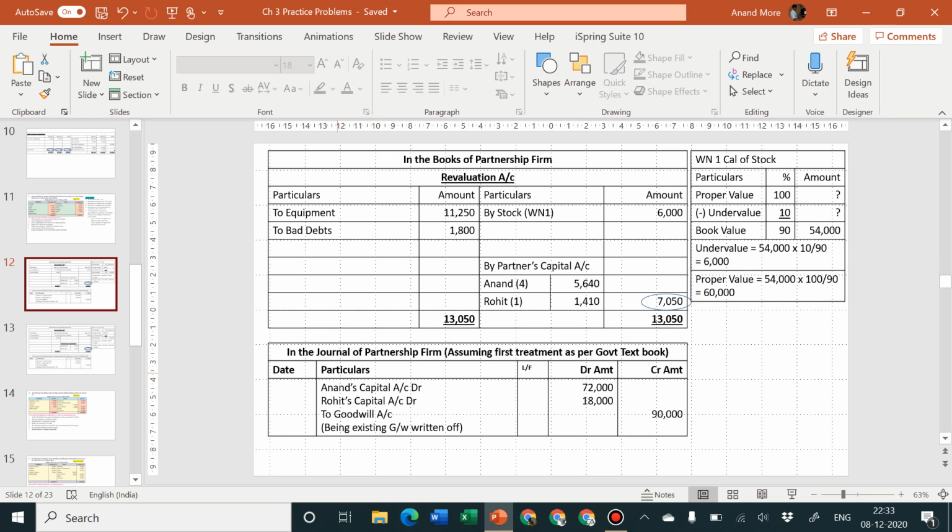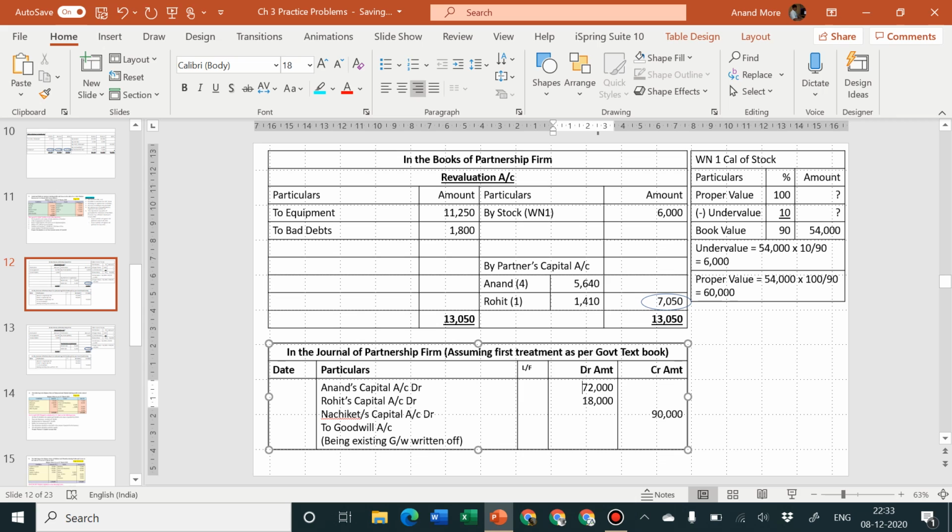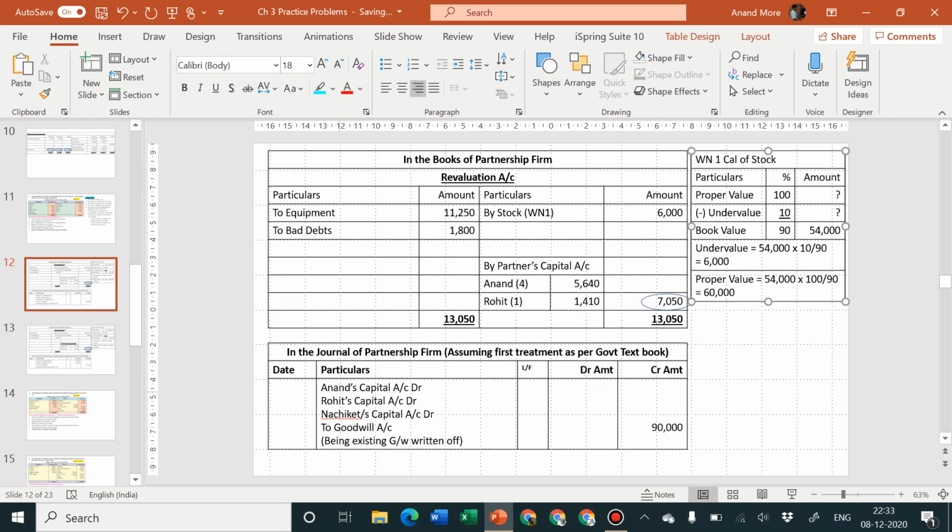So there is no change in the adjustment of revaluation, and no change in the stock account also. The only difference is Nachiket's capital account will also get debited, and the amount to be transferred to Anand and Rohit will change. The goodwill amount is 90,000, which will have to be transferred to all the partners in their new ratio.